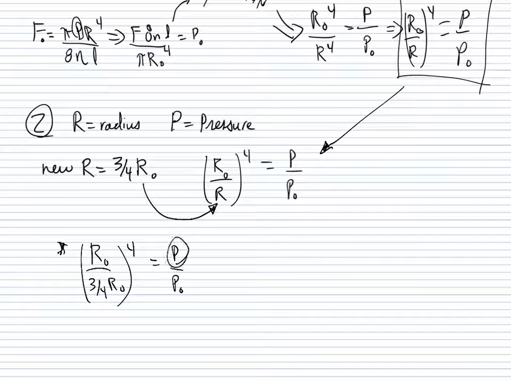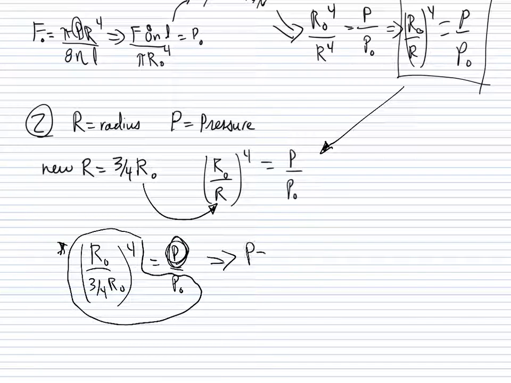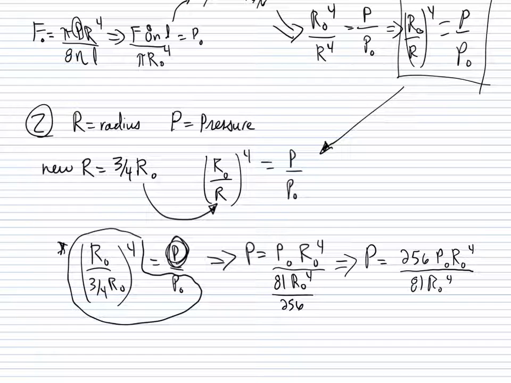So what we're looking for is P. We need to rearrange the whole thing once again, some more algebra, and put this on the same side to give us P. When we rearrange everything, your pressure is equal to your original pressure times R0 to the power of 4 over 81 R0 to the power of 4 over 256. My 3/4 R0, I put that to the 4th power to give me this number.